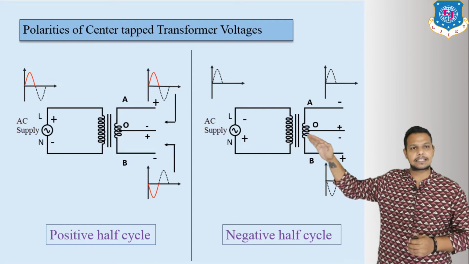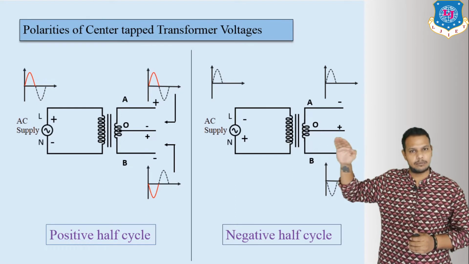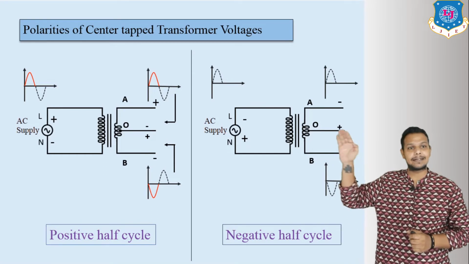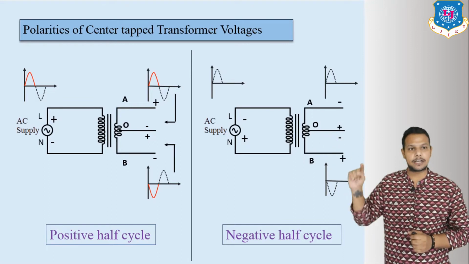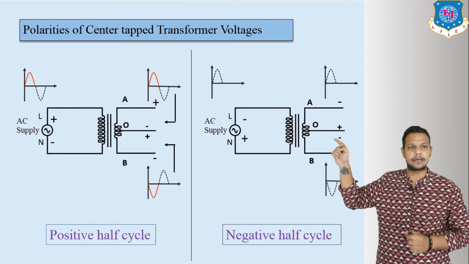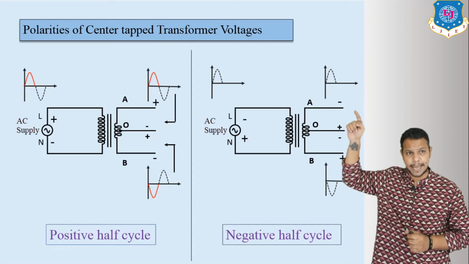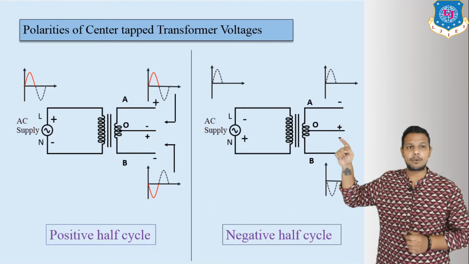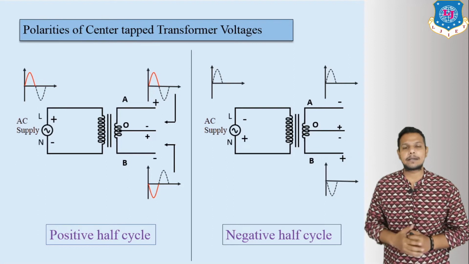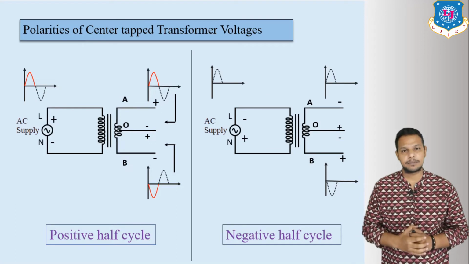Here O is the center, so we can say it is a type of ground. Both polarities are available at the ground terminal. If we put positive here, we have to put negative here with reference to this terminal, and if we put negative here, we should put positive here. So positive and negative both are at the O terminal, which means it is the center tap, or common terminal.